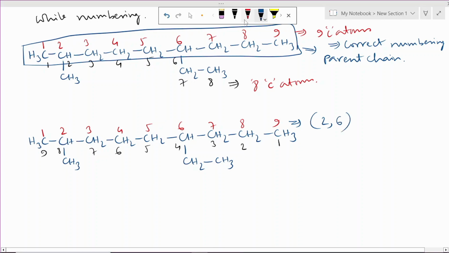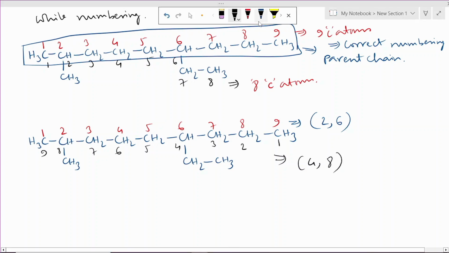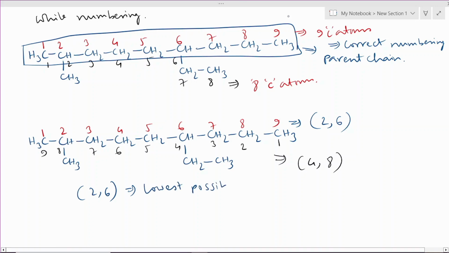And the second way of numbering depicts the substituents have got the positions 4 and 8. So this 2 and 6 locant set is the lowest possible position. So this is correct numbering, and this is wrong numbering.